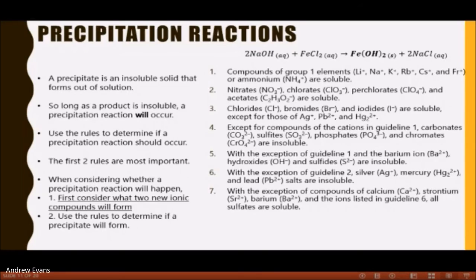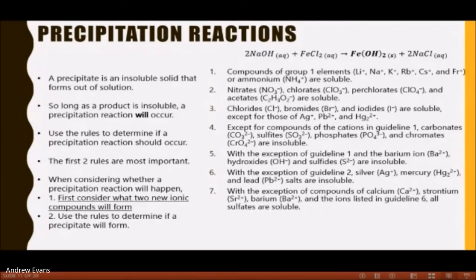So there are some rules that should determine whether a solid should form. Now, the first two rules are the most important. Everything else is nice to know, but we can look at a chart to get the same effect.